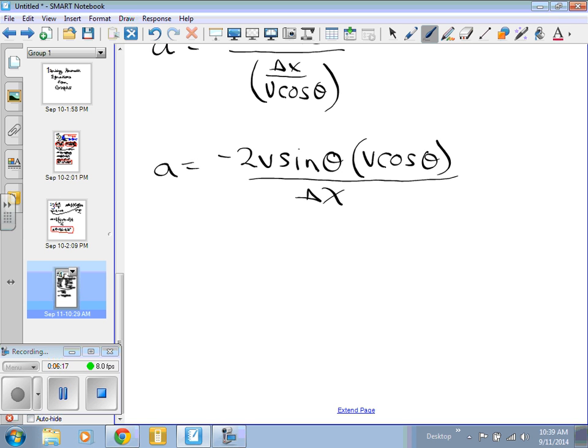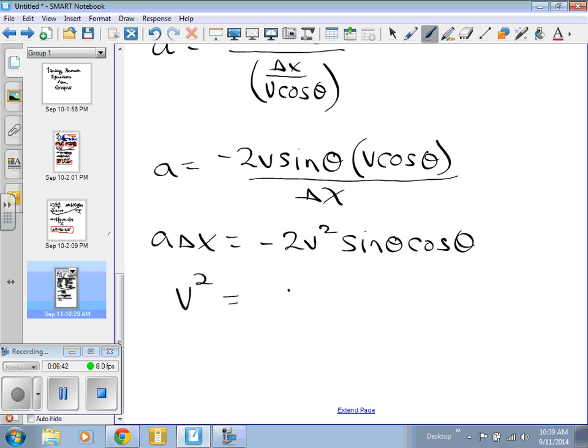And then we'll move delta x to the other side. So we have a times delta x equals negative 2v squared sine theta cosine theta. And we're solving for v here, so we're going to bring negative 2 and sine theta to the other side, and we get v squared is equal to a times delta x divided by negative 2 sine theta cosine theta.